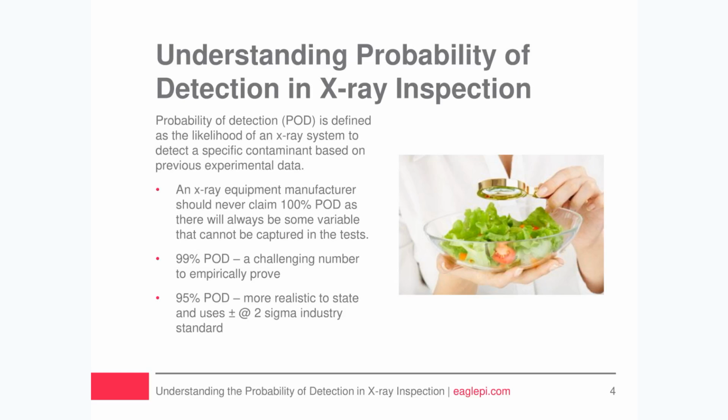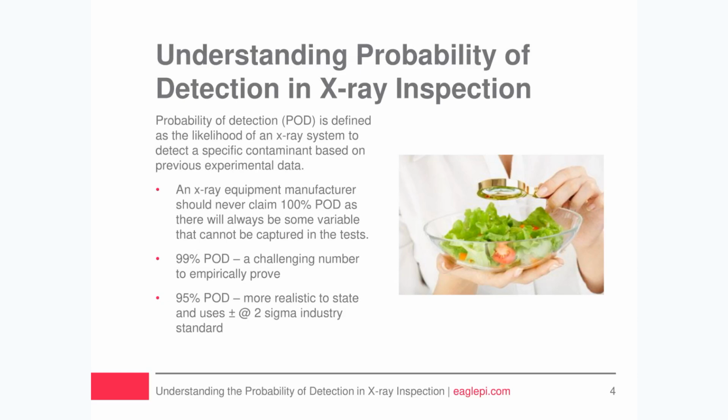When the samples are passed through the X-ray system, if contaminants are found 100% of the time, this equates to 100% detection rate, not probability of detection. However, finding contaminant 50 times out of 50 passes, or even 100 times out of 100 passes, cannot equate to 100% probability of detection for all future runs.